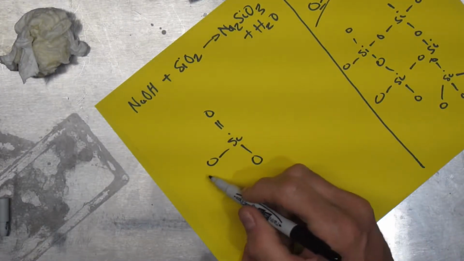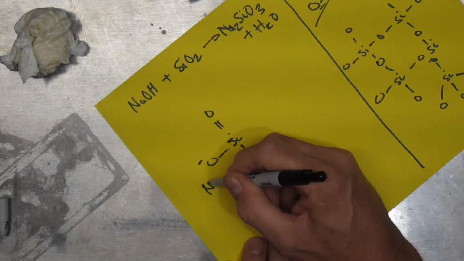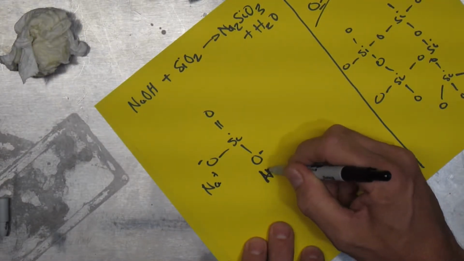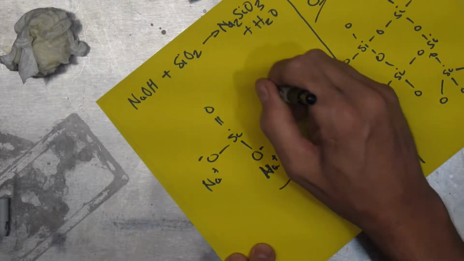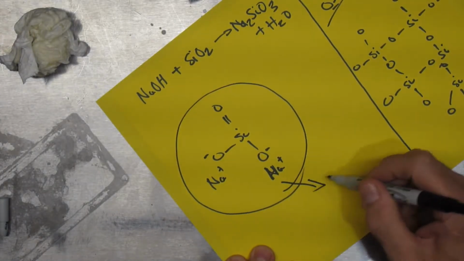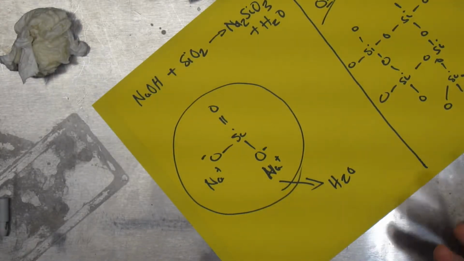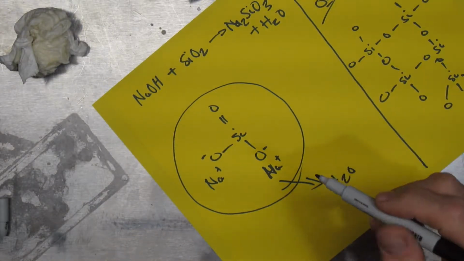And now these oxygens are slightly negative, and we've got sodium kind of hanging on, stabilizing the structure. So this bad boy is what we're trying to make, and then we're going to dilute that into water to give us our solution of sodium silicate.